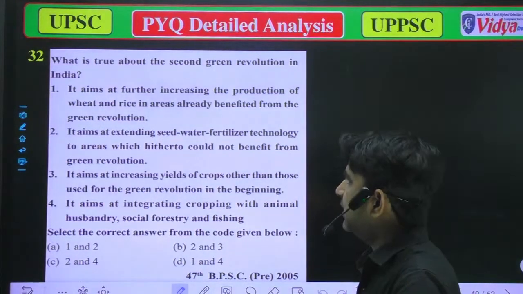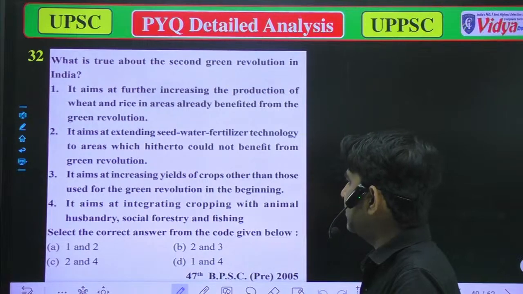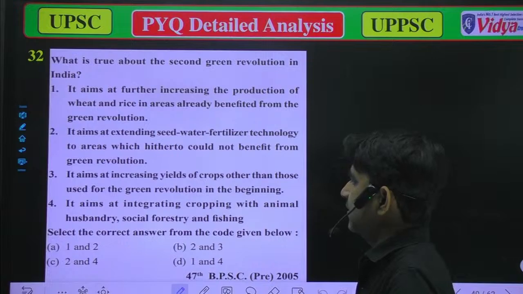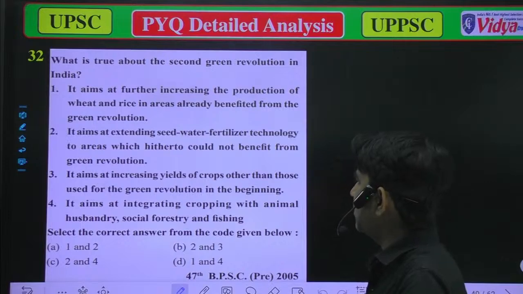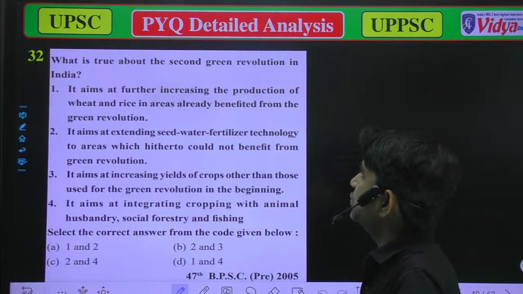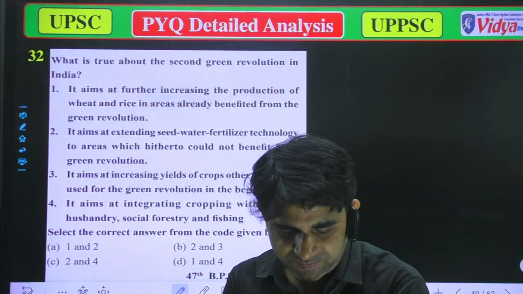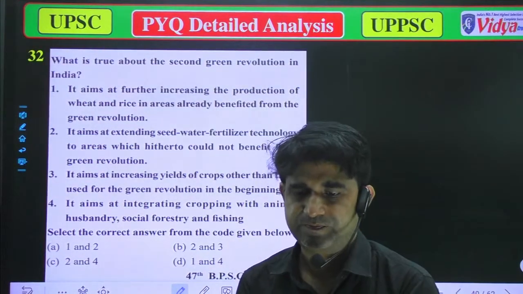Third, it aims at increasing the yield of crops other than those used for the green revolution in the beginning. Fourth, it aims at integrating cropping with animal husbandry, social forestry, and fisheries. What is true about the second green revolution in India?